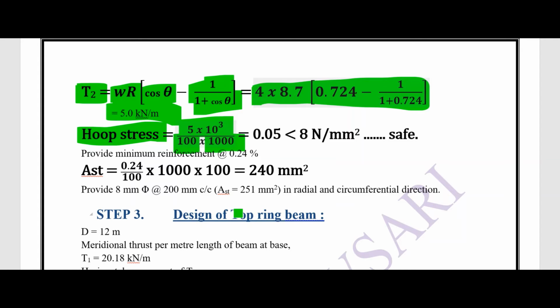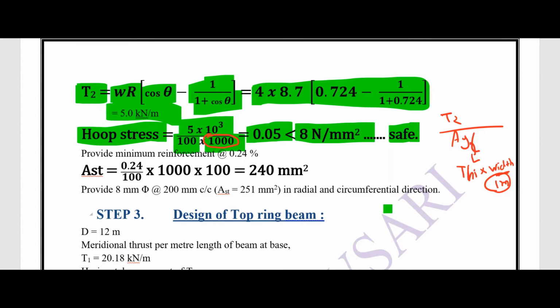The equation is T2 divided by Ag, area of gross, and this area of gross is thickness into width. So width we assume 1 meter, so it's 1000. So by hoop stress we found 0.05, which is less than 8, so safe.